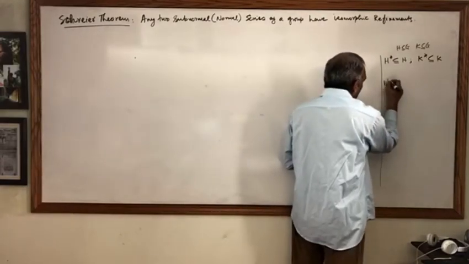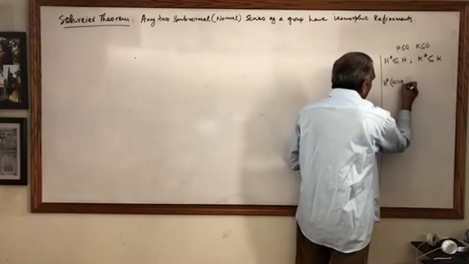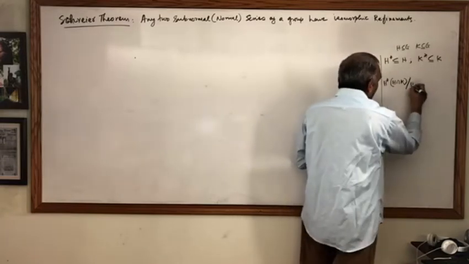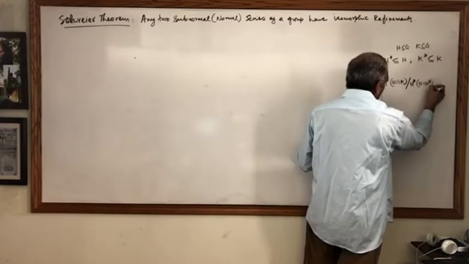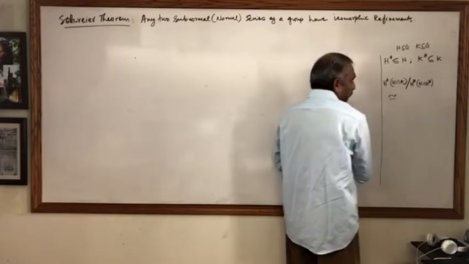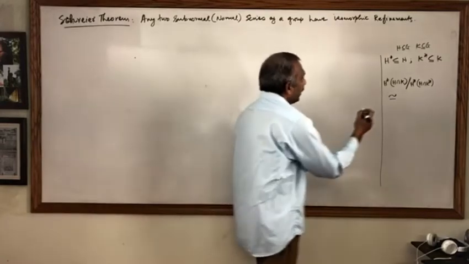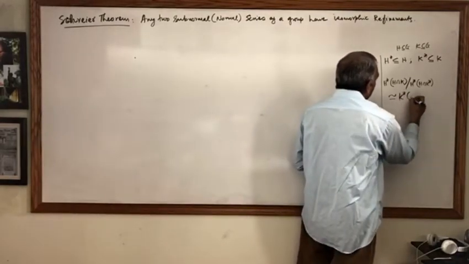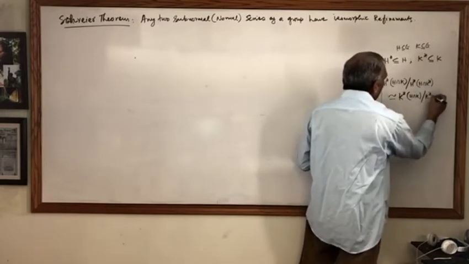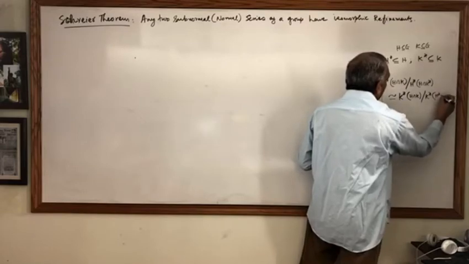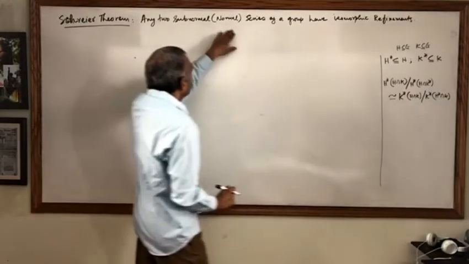That is, H star times (H intersection K) over H star times (H intersection K star) is isomorphic to K star times (H intersection K) over K star times (H star intersection K). This is the result that we are going to use here.